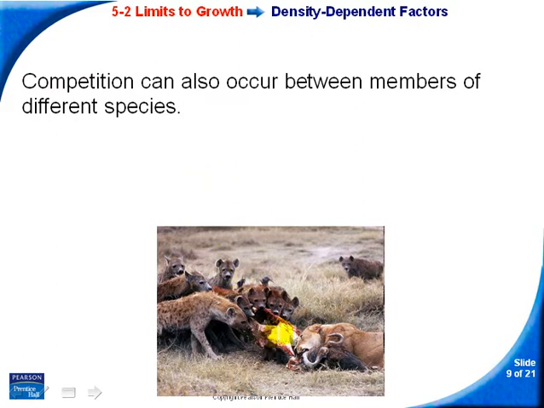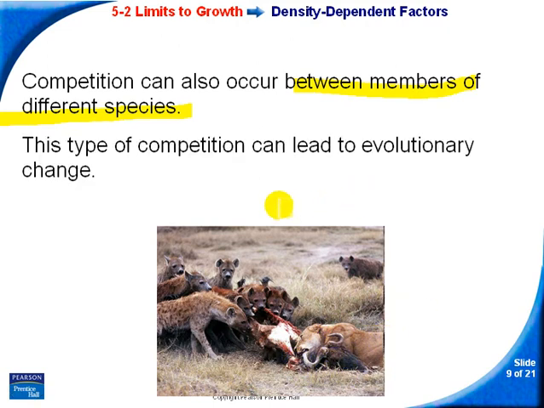And we also have competition between species. And here I have competition between this group of hyenas here and this lion. They're competing over the same, looks like the remains of a water buffalo there. And what can happen in this case is you can end up leading to evolutionary changes, meaning one species adapting and changing so it can survive better versus another species.